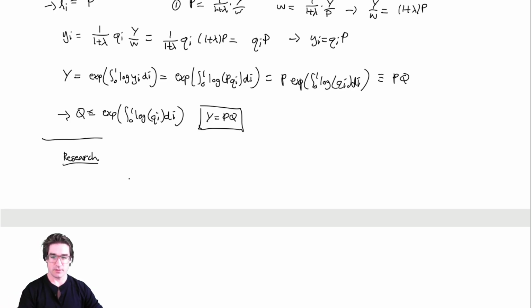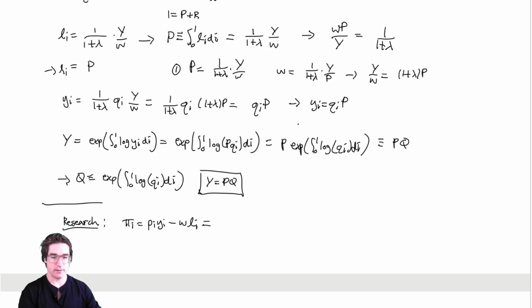So what do we get? Profits. I guess this is still technically part of the production side, but whatever. We can just plug in everything we know. We know that this is yi, and pi is just going to be capital Y over that. At the end of the day, we know that pi times yi is always Y from the demand function.